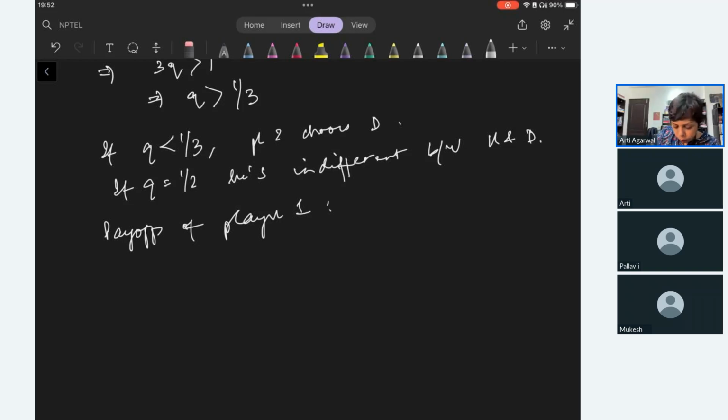Now, if player 2 chooses U, okay, first case, which means Q is greater than 1 by 3. We just wrote that he's choosing U when Q is greater than 1 by 3. Or let me put this arrow here.